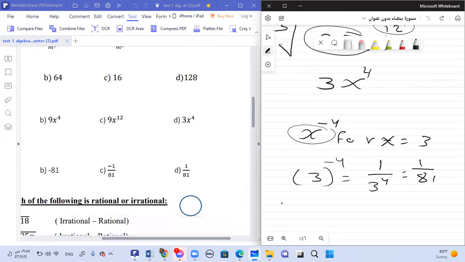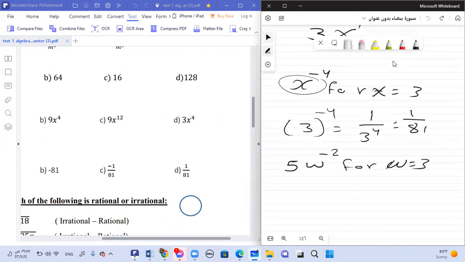I will give you another exercise about evaluation. If we have 5w power of -2 for w equals 3, how can you solve it? 5, open bracket, cancel w, 3 power of -2. Use the calculator step by step. 5 over 3 power of 2.